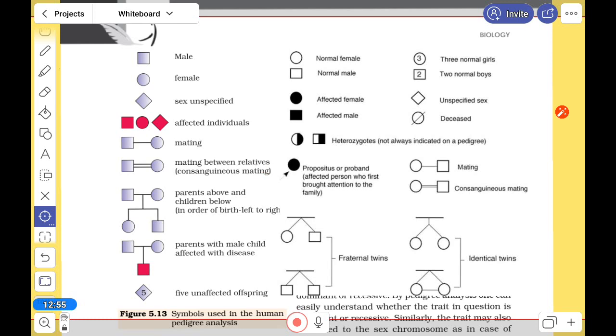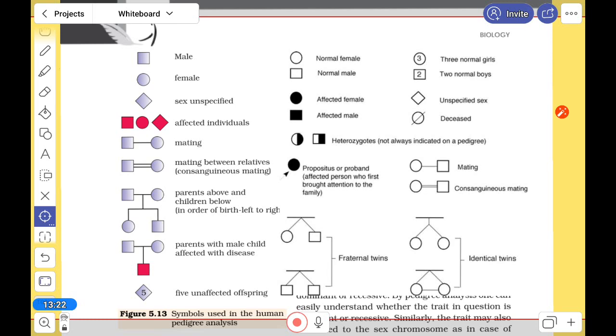Mating between relatives. Okay. So after that, the parents and the children: you can see the first girl, then the boy, in order of birth, left to right. So this is the first, this is the second. Okay. So if the parent, the male, is affected, then we'll write that.